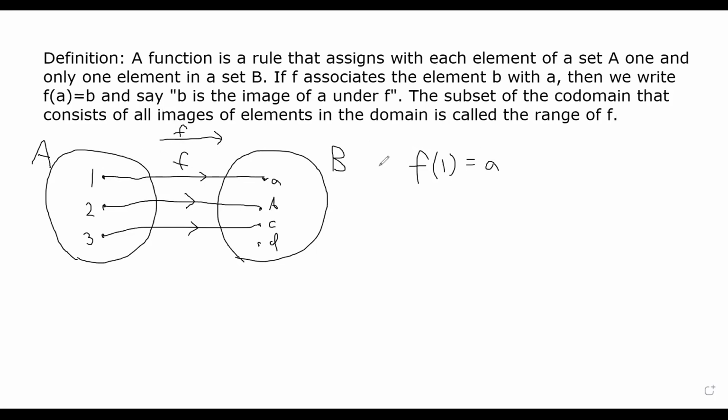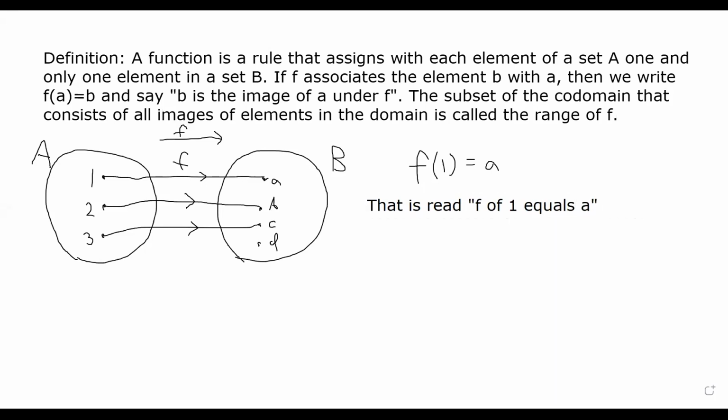F maps 1 to A, so F of 1 is equal to A. And if you read this, it would say A is the image of 1 under F. So that equation I wrote above it, F of 1 equals A, is read F of 1 equals A.